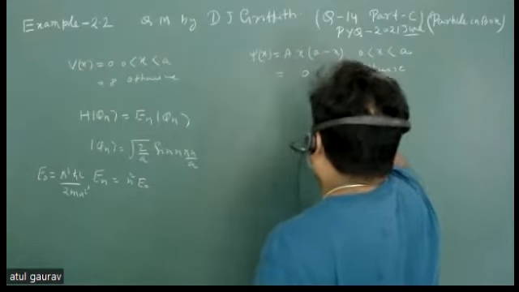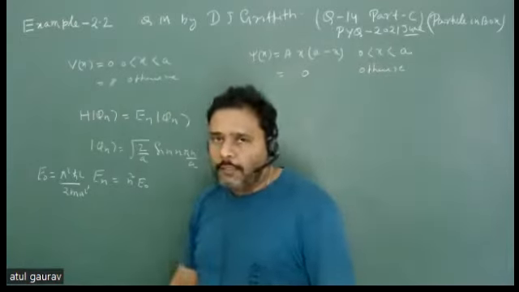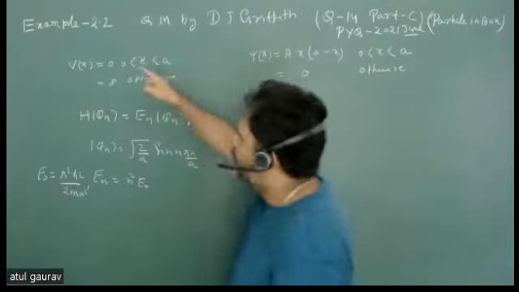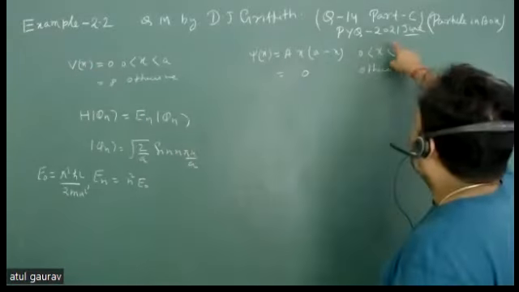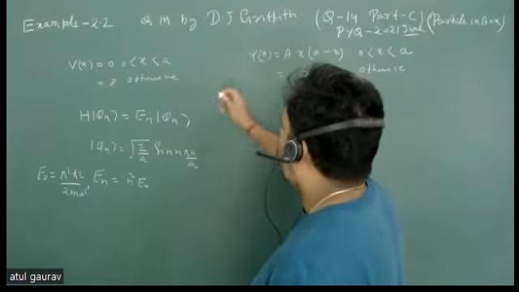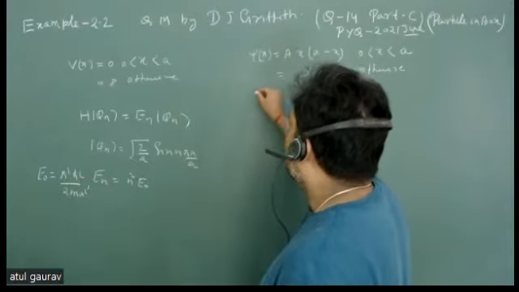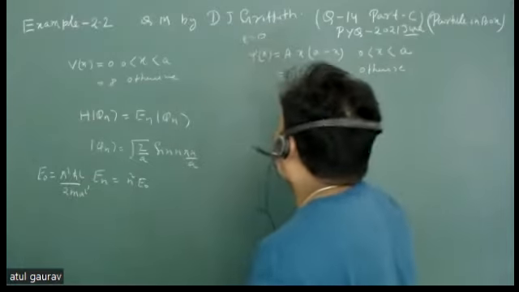So this is our psi(x). I will first write example 2.2 and then go to the PYQ, because both are interconnected. This is given at t equal to 0.